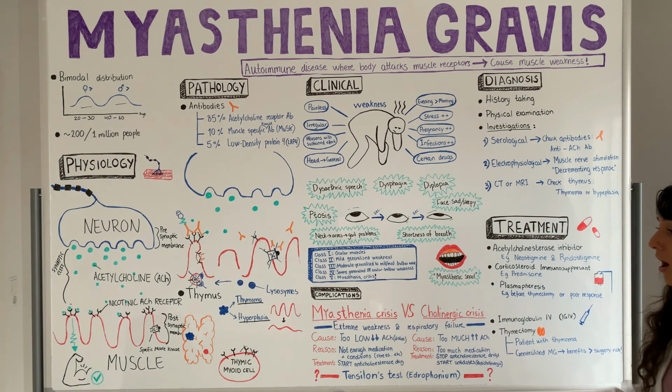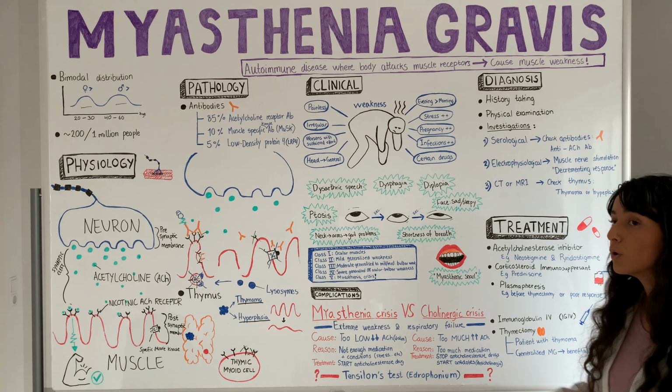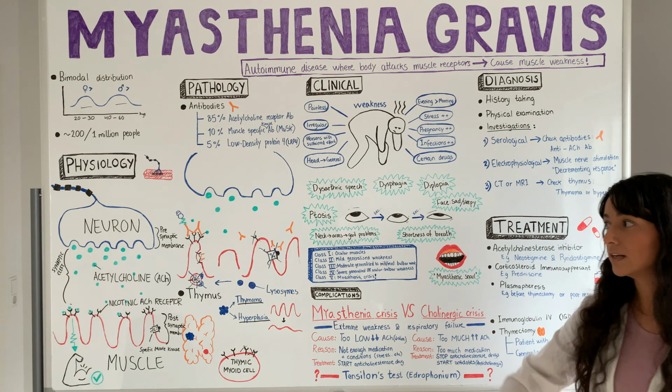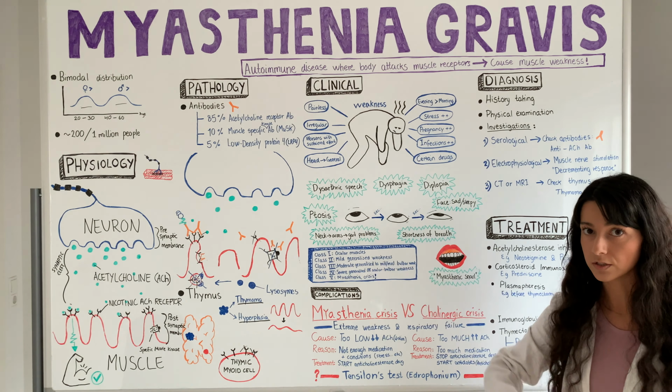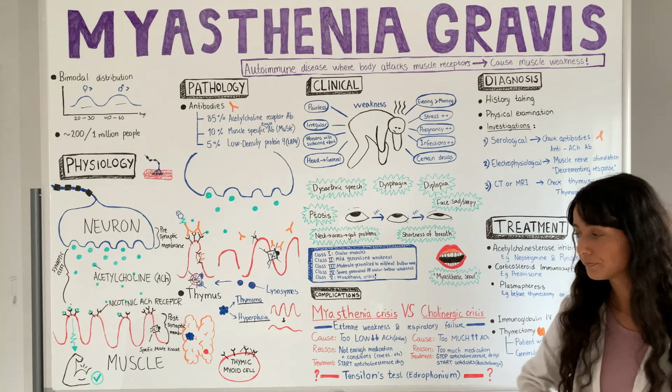So, let's start with myasthenia crisis. In myasthenia crisis, the cause of the extreme muscle weakness and respiratory failure is too low acetylcholine neurotransmitters, so too low stimulation in the neuromuscular junction. And on the other hand, in cholinergic crisis, the cause is too much acetylcholine neurotransmitter.